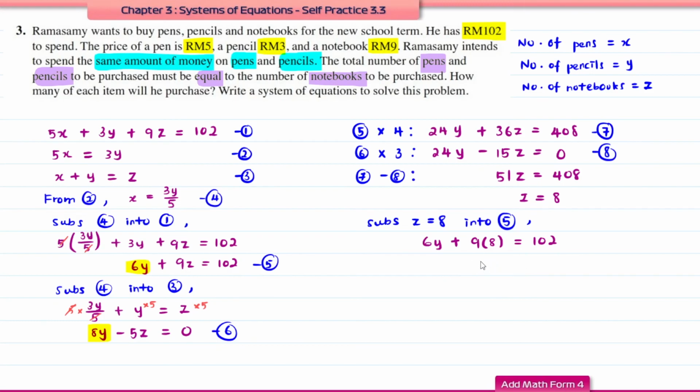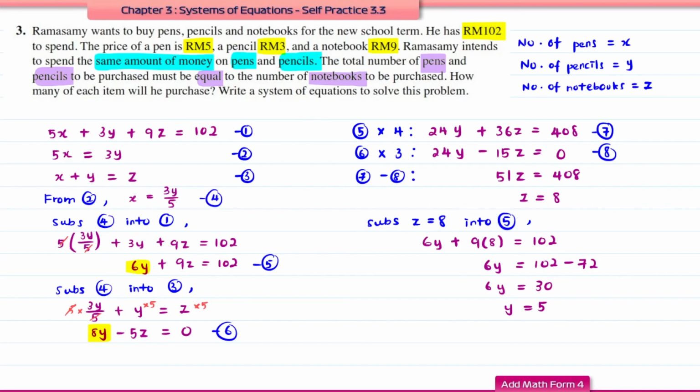Next, 6y is going to be 102 minus this 72. So 6y is equal to 30. Therefore, y is equal to 5. So y is the number of pencils. So the number of pencils is equal to 5.